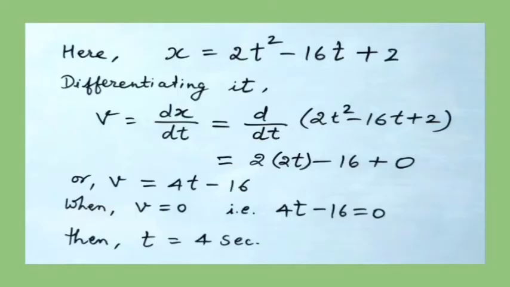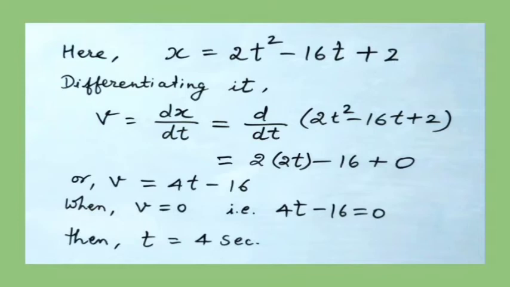Here x is equal to 2t square minus 16t plus 2. Differentiating, it will give velocity v, as v is equal to dx by dt. So d dt of 2t square minus 16t plus 2.